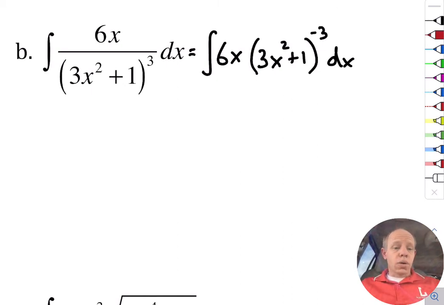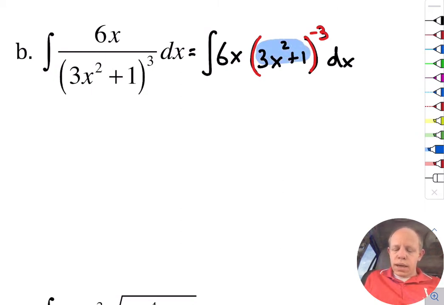All right. So we can see here there's kind of a multiplication. There is a composite function, and so we need to identify the outer function, which will be something to the negative third power. We need to identify the inner function, which is going to be 3x squared plus 1. Now what we have to ensure is that we have the derivative of the inner function also in the integrand.